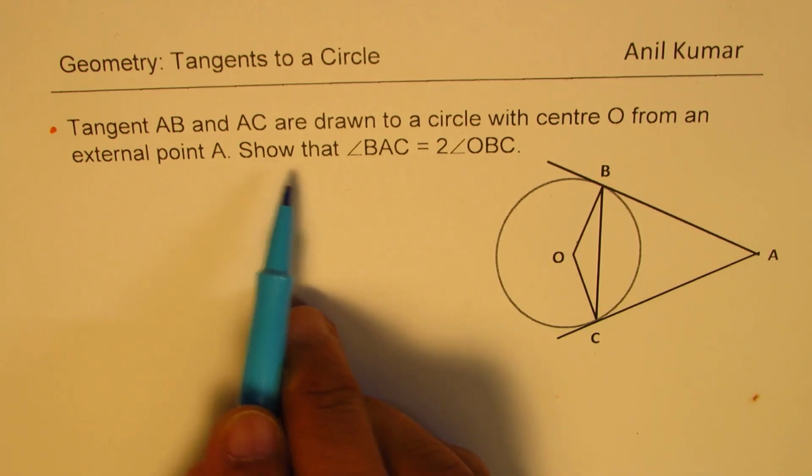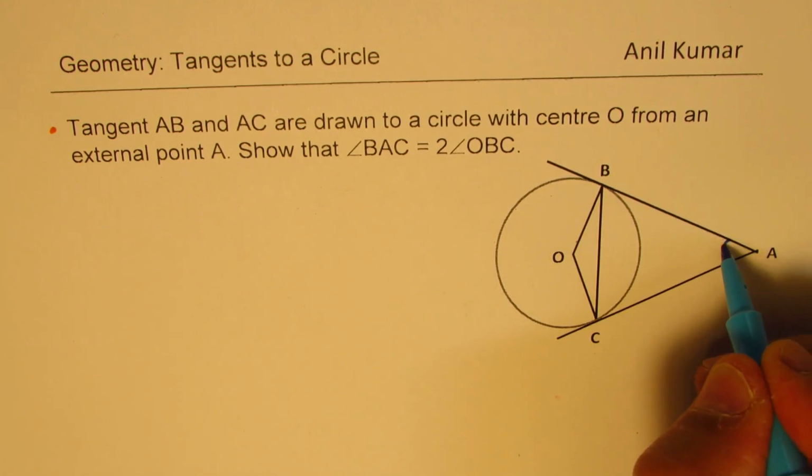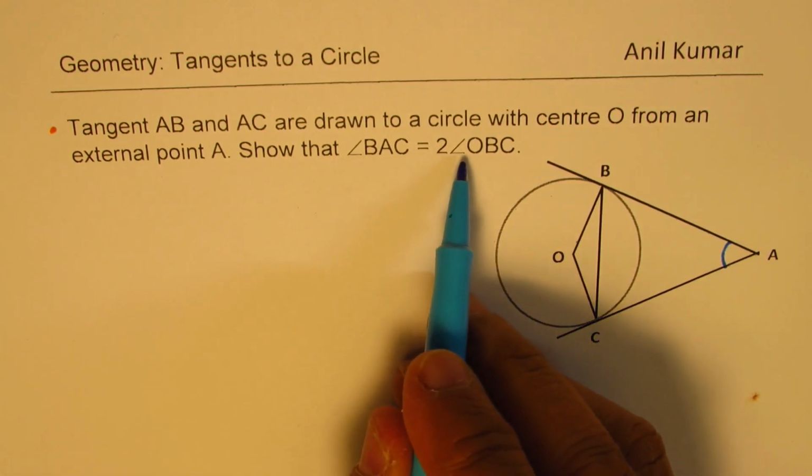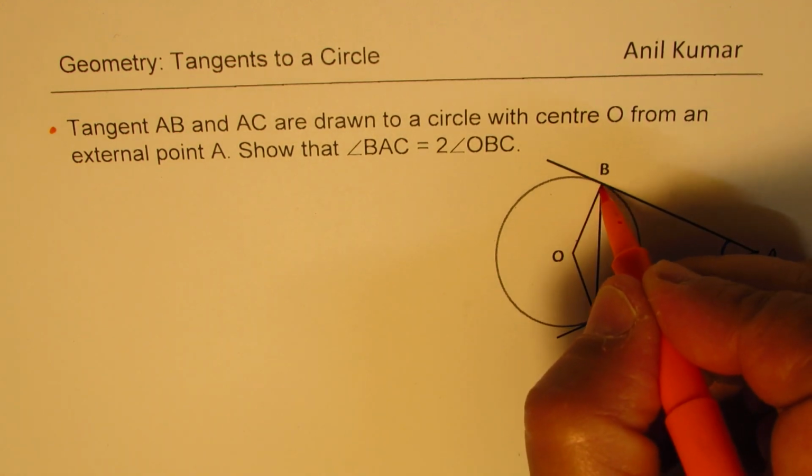We need to show that angle BAC, this angle, is twice angle OBC, that is 2 times angle OBC, this small angle.